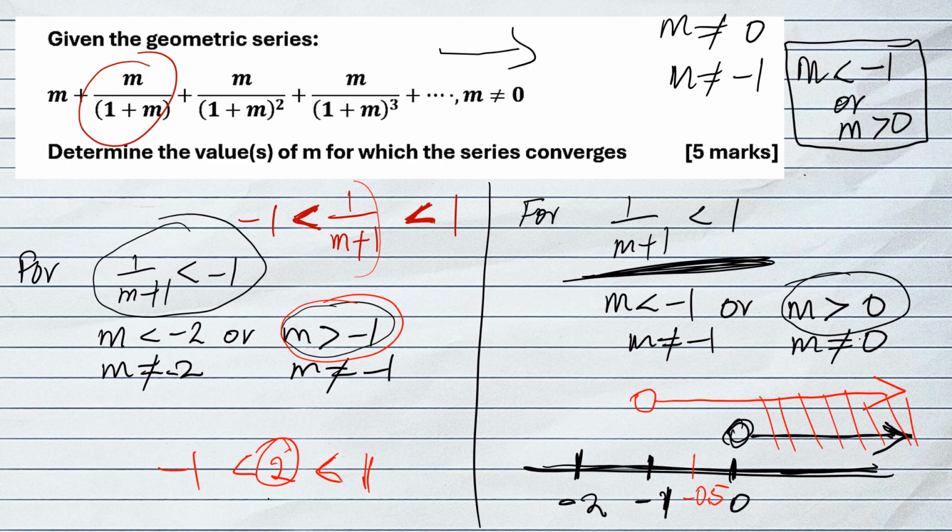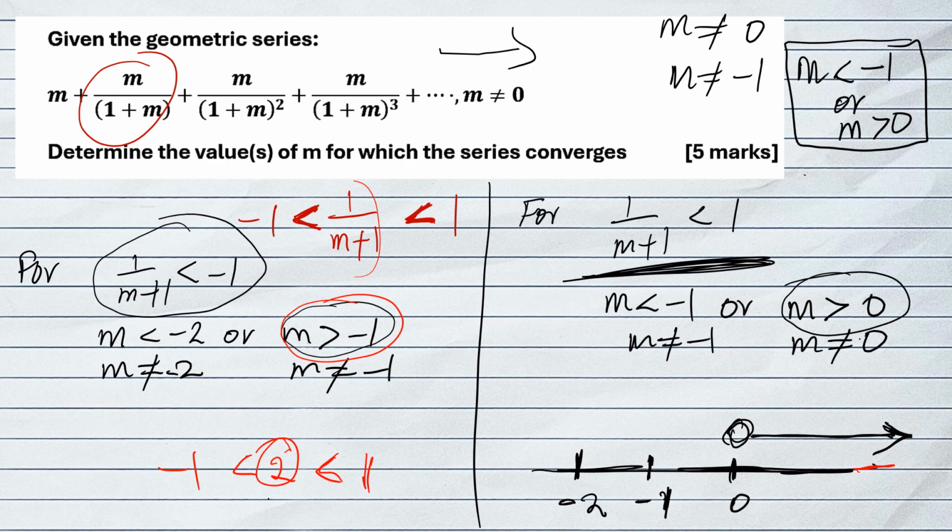So in between here, it's not correct, because negative 0.5 couldn't allow us. So I'm just going to delete this. So far, it's only m greater than 0 that is allowing us, where it is correct.